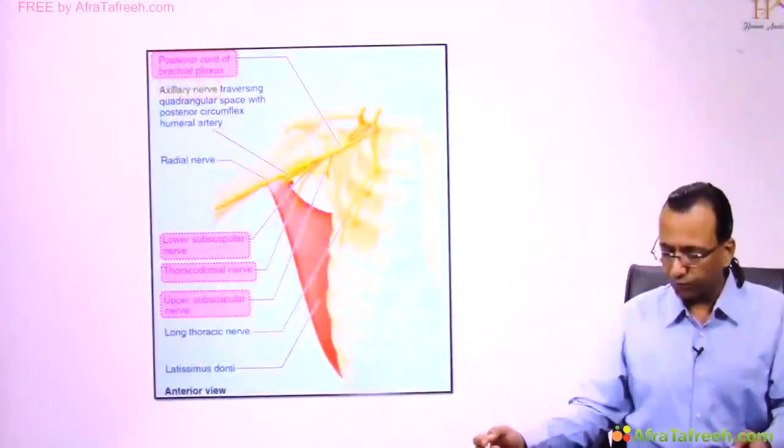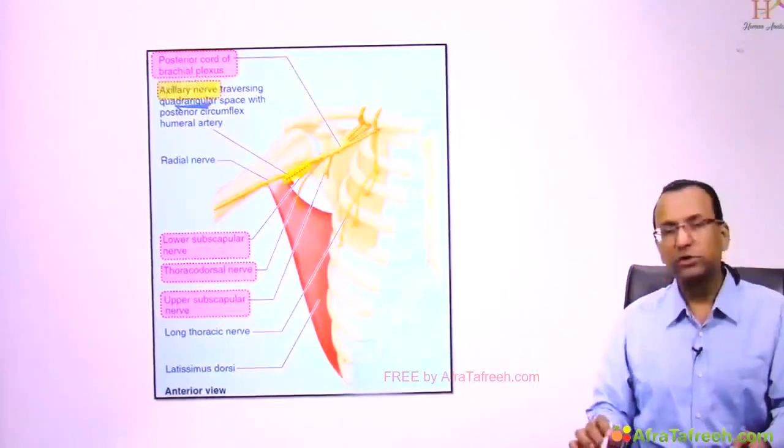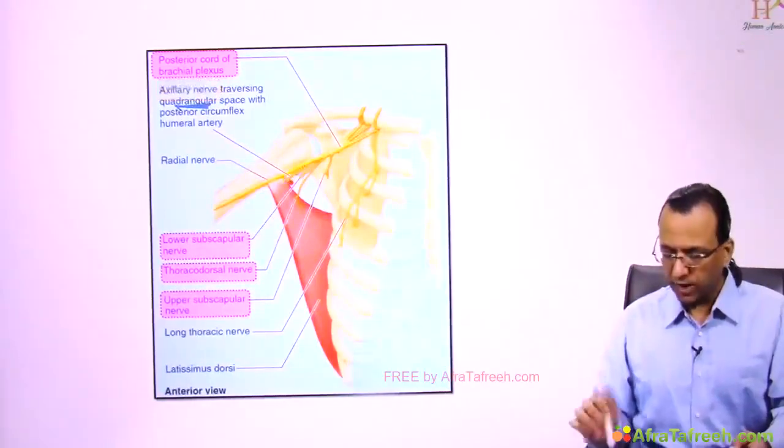And what about the axillary nerve? The axillary nerve is given in the axilla and passes through the quadrangular space to reach the surgical neck of the humerus.